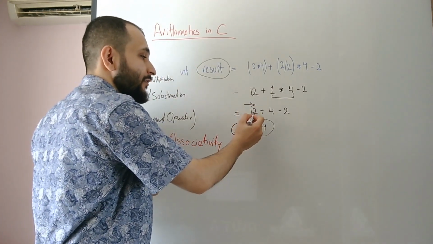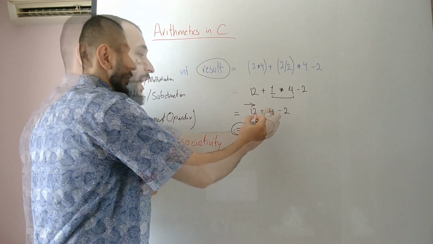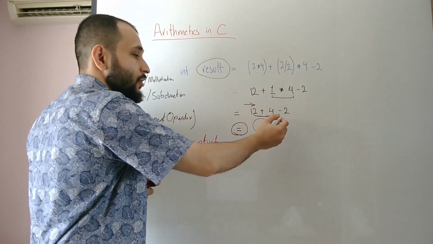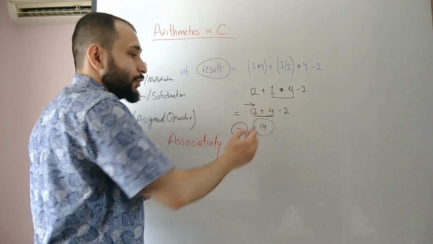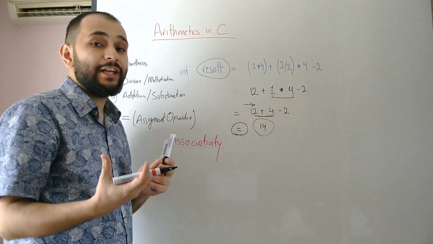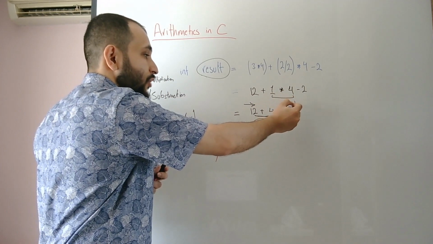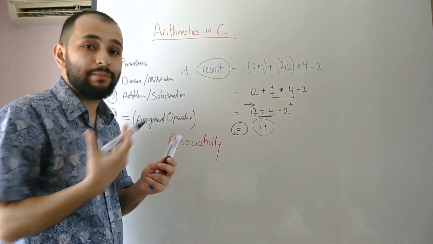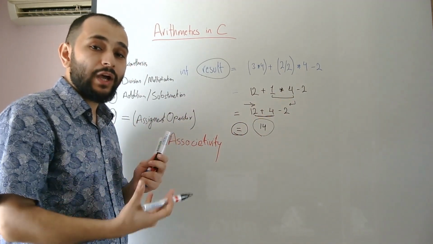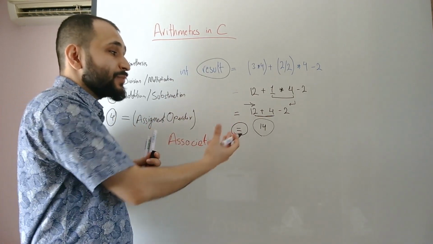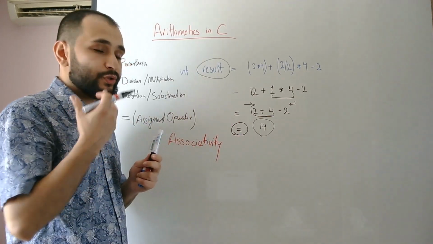That means 12 first will be added to 4, and the result of this is going to be subtracted by 2. Even though the result would actually be the same even if we start from right to left, this is how the C programming language will evaluate this expression, and that's how we are supposed to perceive it as well.